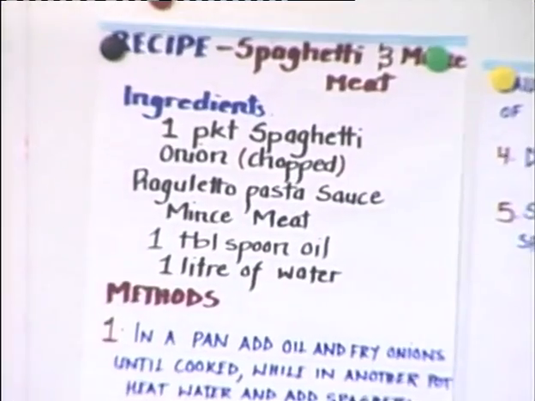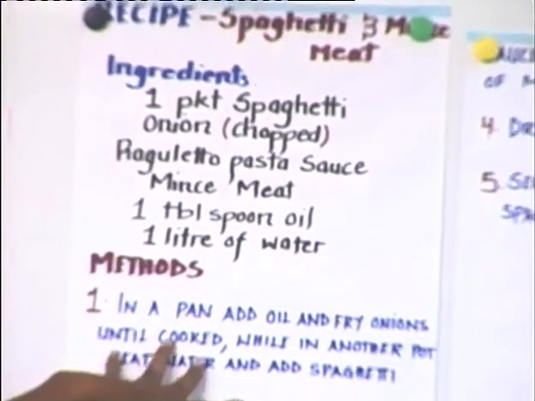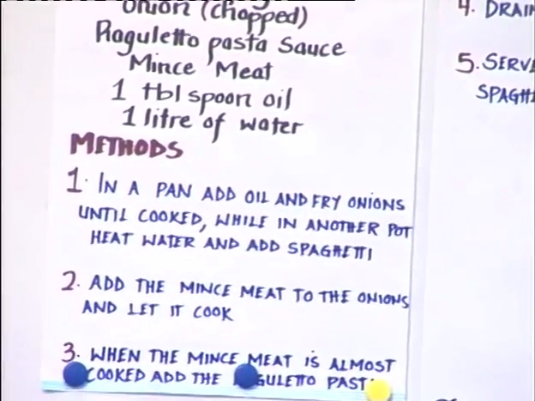Yes. Okay, our group chose our recipe is spaghetti and mincemeat, and these are our ingredients, and we have 5 steps, and these are all the methods of doing the recipe. Thank you.